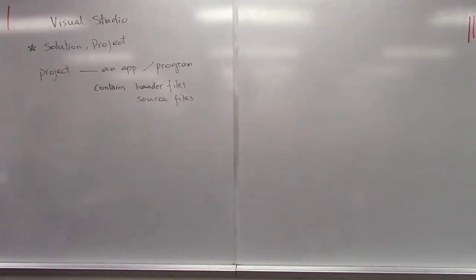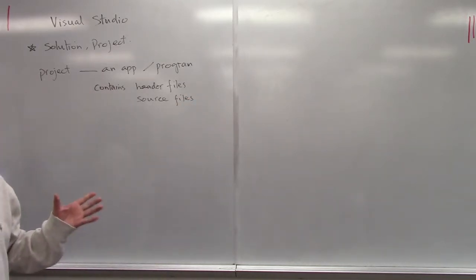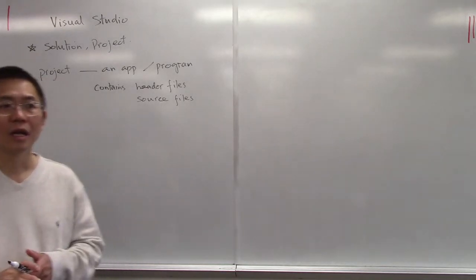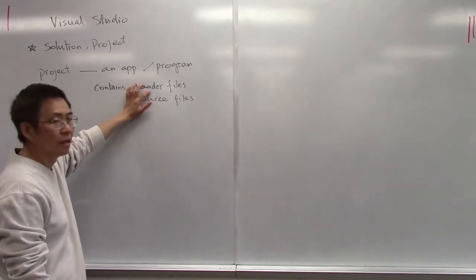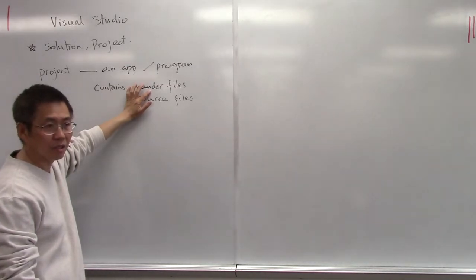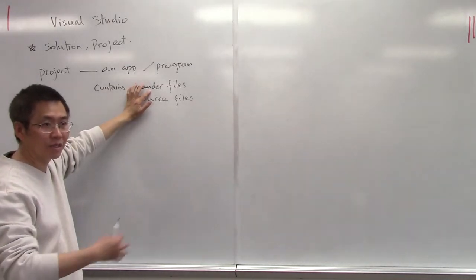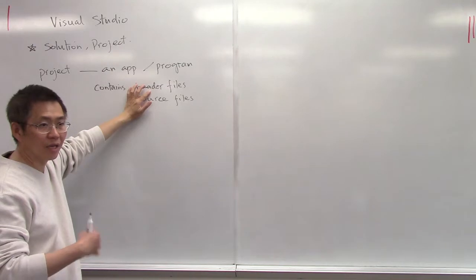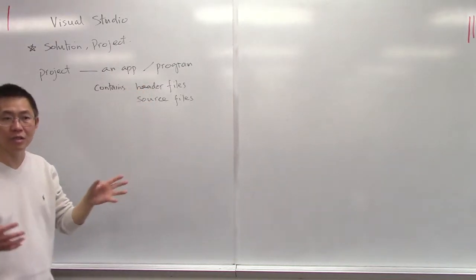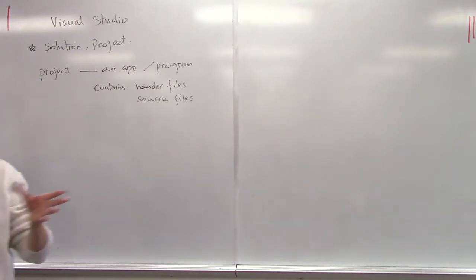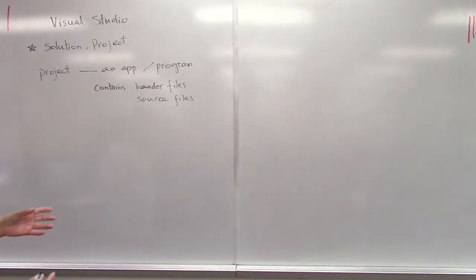The header files are like the prototype, definitions, class prototypes, etc. It is non-executable, so there's no statement that really does any calculation in the header files. The source file is what we call the programming code, or the executable code.